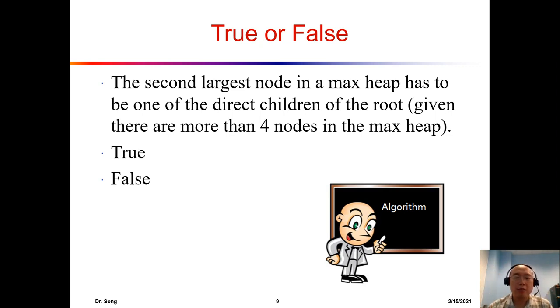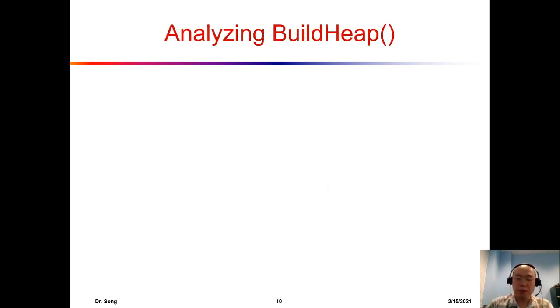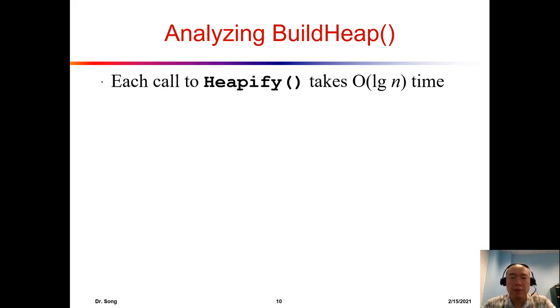Is that possible? The answer is no. So in this case, if there is such a value, it is the second largest in the entire heap, and then this value has to be one of the direct children of the root.